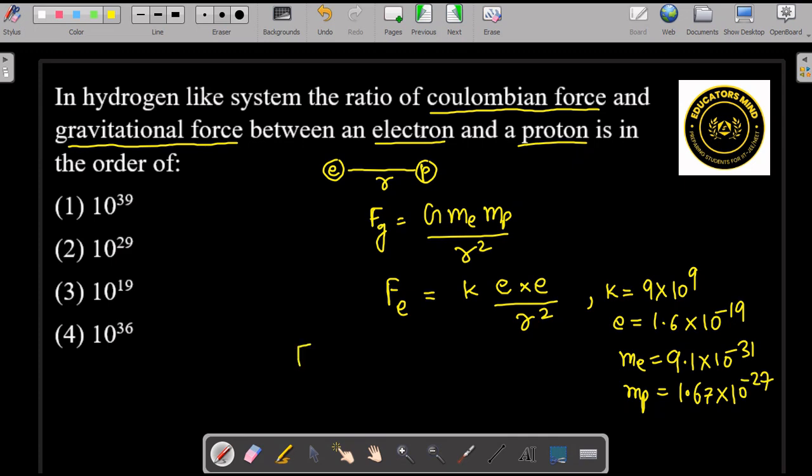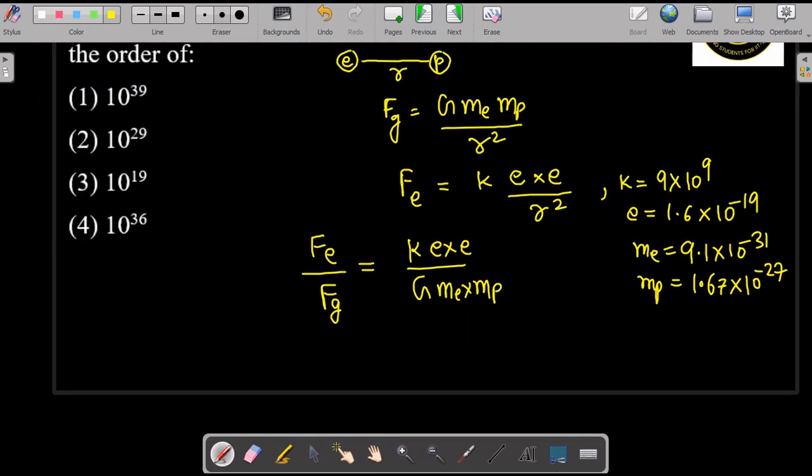So if you take the ratio of the Coulombic force, meaning this electrostatic force, by the gravitational force, you will get K e into e by G m of electron, mass of proton. So this you have to calculate, how much it will come. They are asking the order, which means how many powers of ten it can come. Let's do a rough calculation.